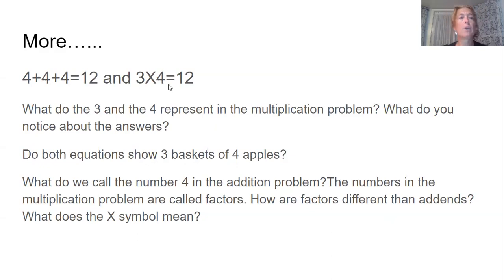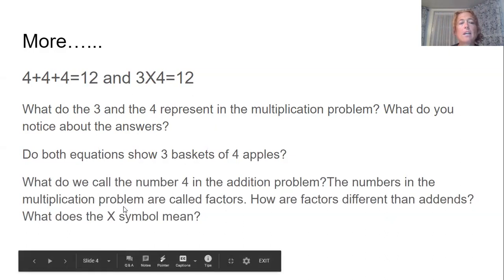So we're no longer putting 4, 4, 4. We're saying there's 3 groups of 4 in a multiplication problem. Now, what does the multiplication symbol mean? Like I've been saying, it means groups of. So 3 groups of 4.